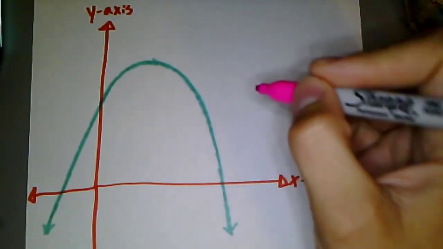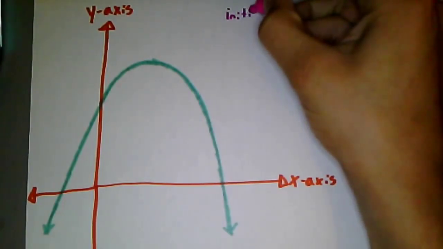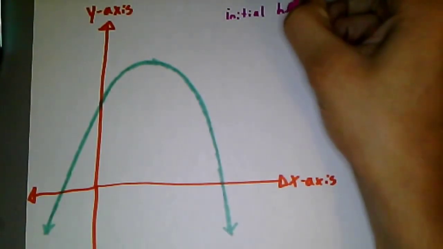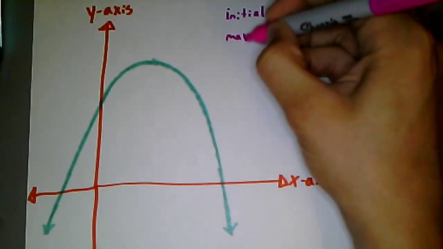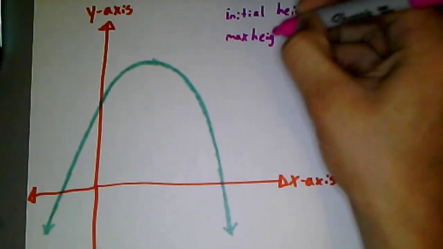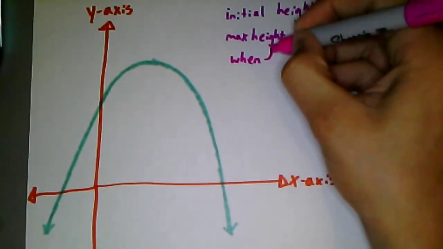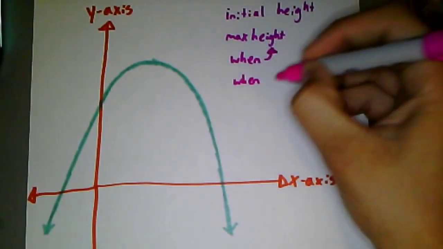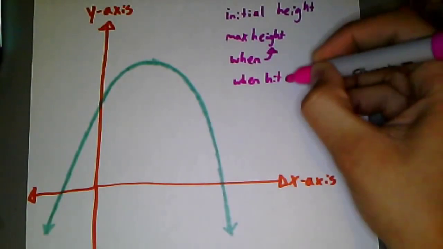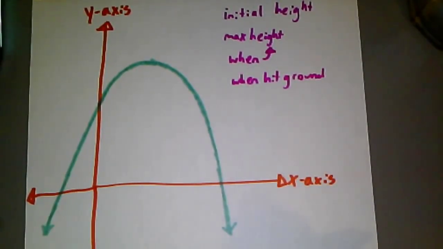Just a reminder, if we're looking for the initial height, the max height, when we hit the max height, and when we hit the ground, those are 4 different places on this graph, okay?